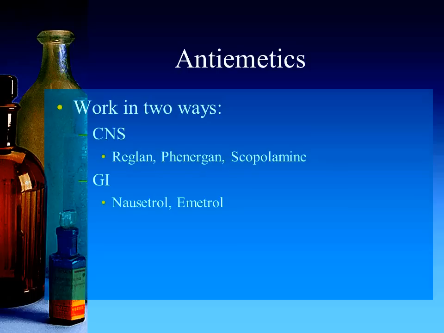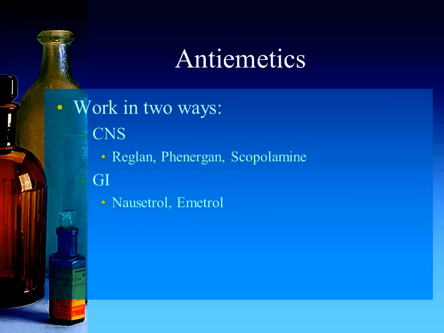If someone's vomiting, we basically have two systems which we can attack to stop the vomiting. We can either interfere with the receptors in the central nervous system, or we can directly affect the gastrointestinal system.